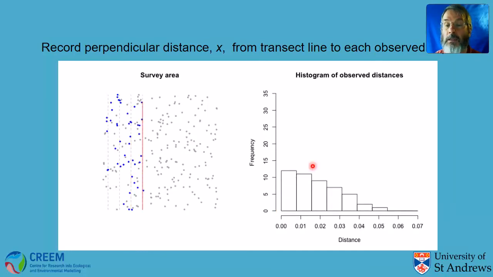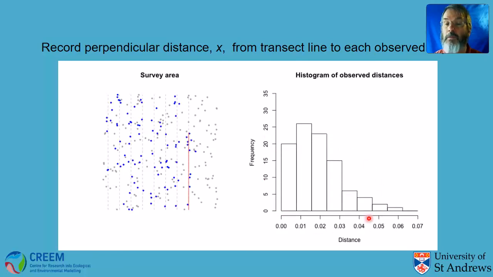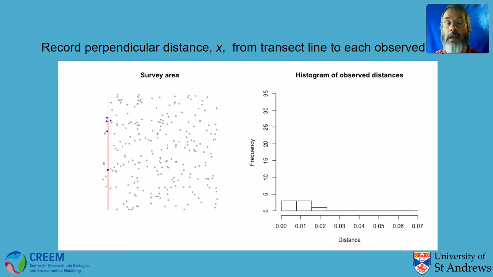And so it is the distribution of these perpendicular distances that you record during your survey that provides us with the necessary information to try to estimate that quantity P sub A, the probability that an animal inside the covered region is detected by us.